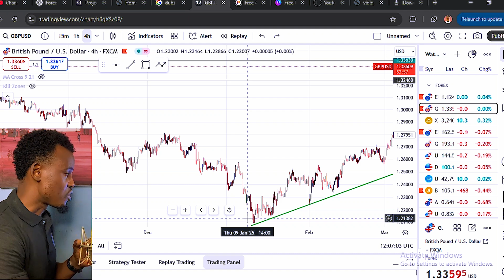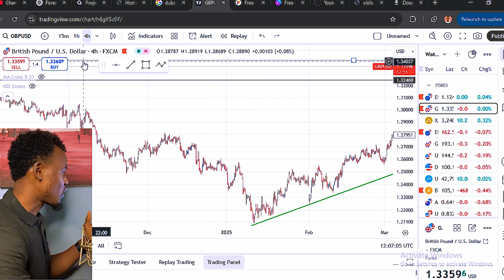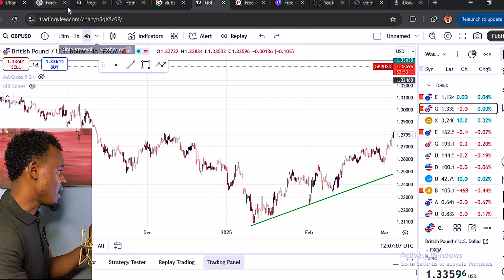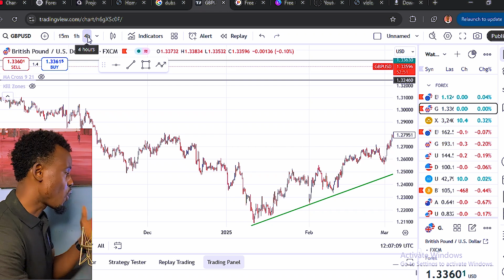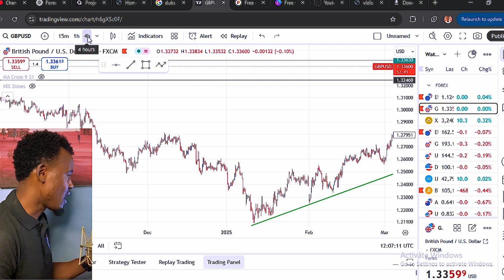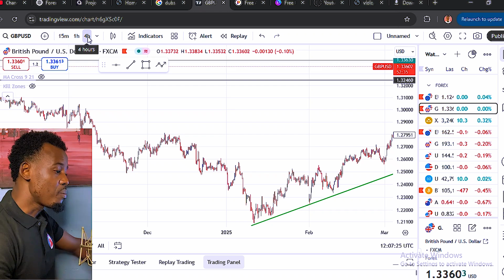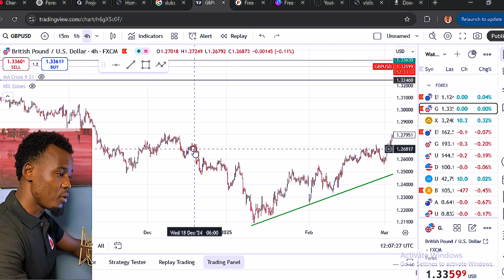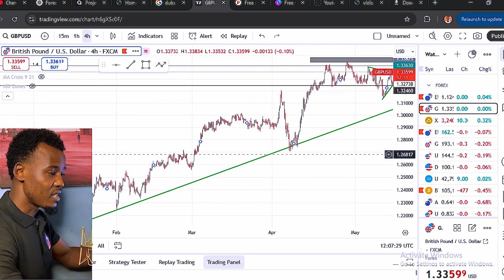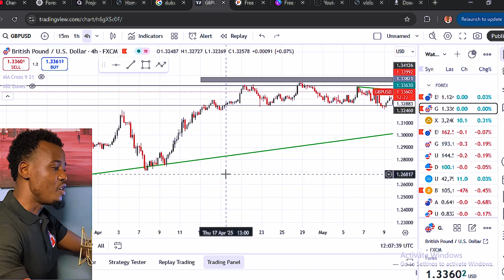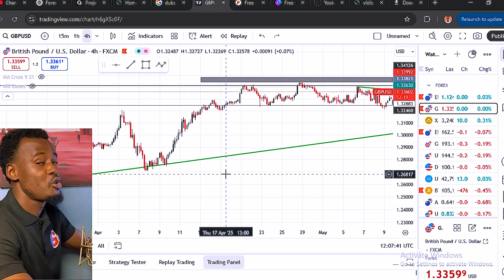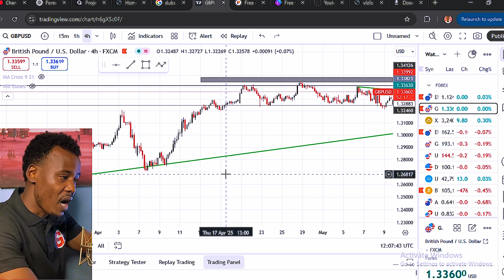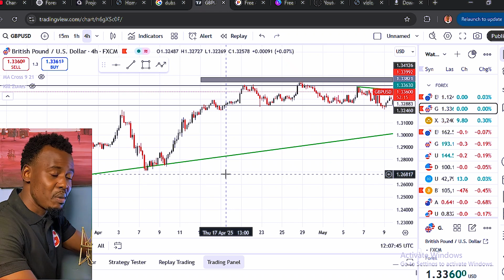If you want to analyze your charts, all you're going to do is start from a higher time frame, right? You can start from the 4-hour time frame, or you can start from the daily time frame. That will show you what the price is doing before you jump into the market. As a new trader, there are currencies you need to focus on, like Euro, USD, GBP, JPY.